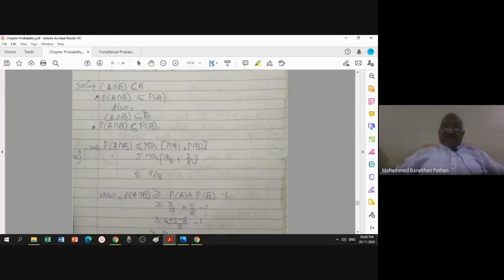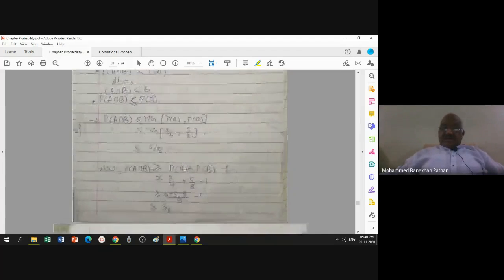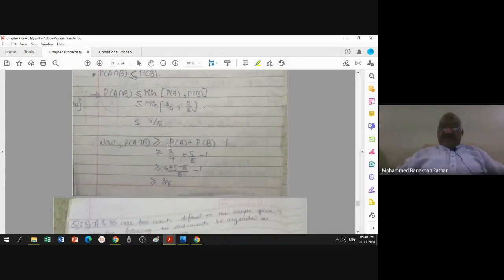Therefore, you can make a combination of these two: P of A intersection B is less than or equal to the minimum of these two equations, and the minimum is 5 by 8. Now next is probability of A intersection B, this is given in the theorem, greater than or equal to PA plus PB minus 1.